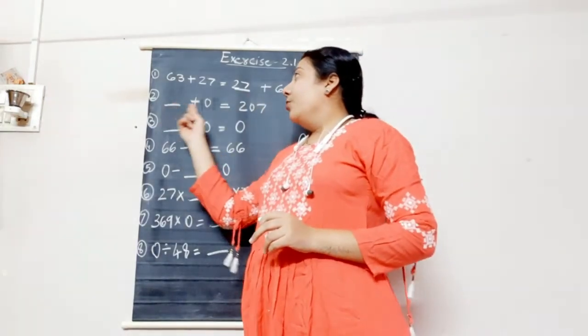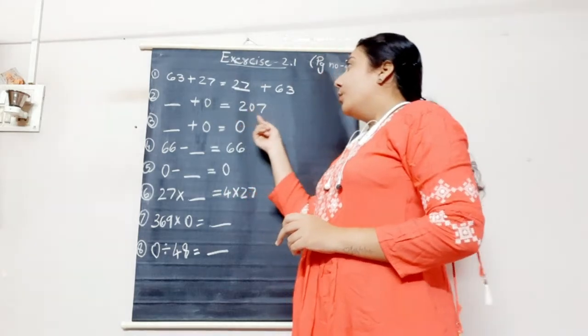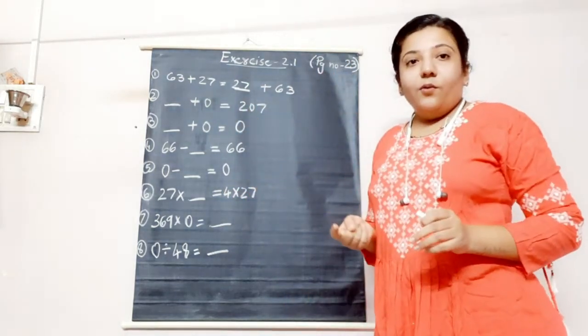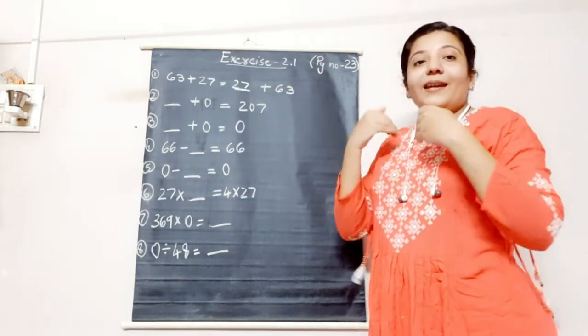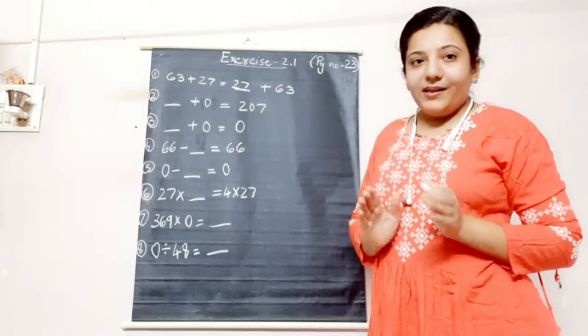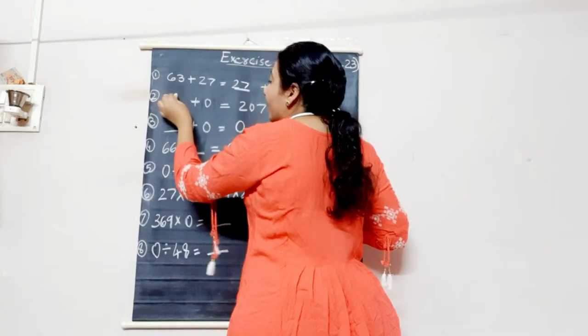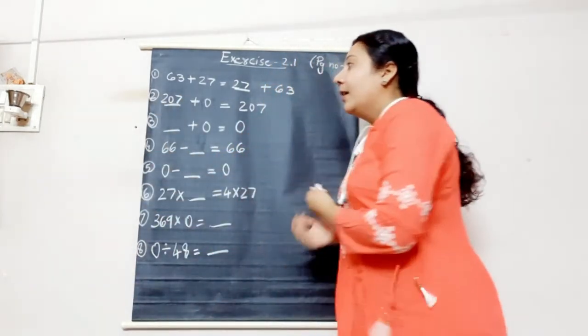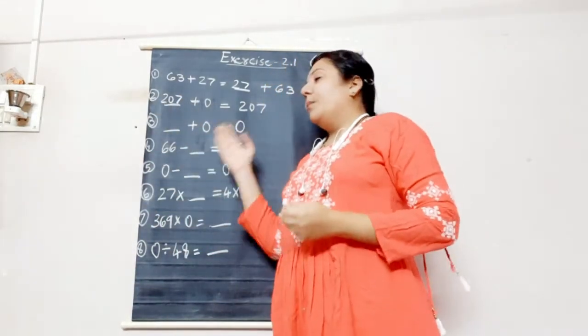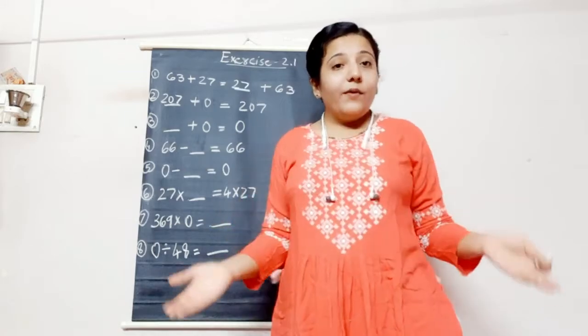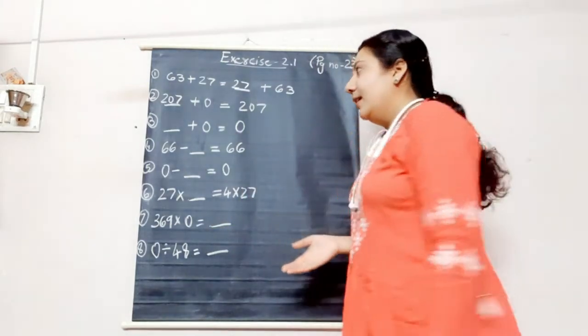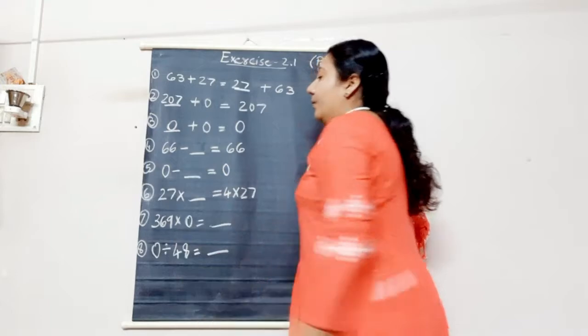Next one, dash plus 0 is equal to 207. Now here you are not adding anything, so the number will remain the same. So your answer will be 207. Third one, dash plus 0 is equal to 0. No values, so the answer is again 0.